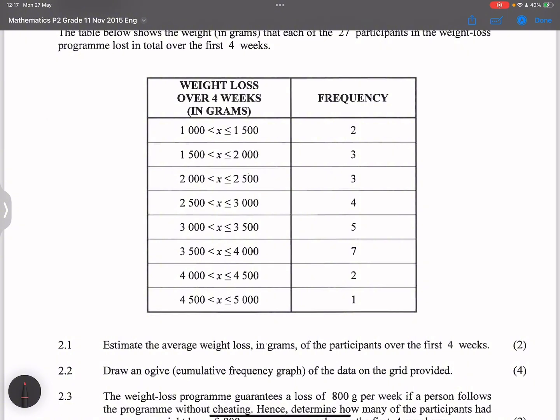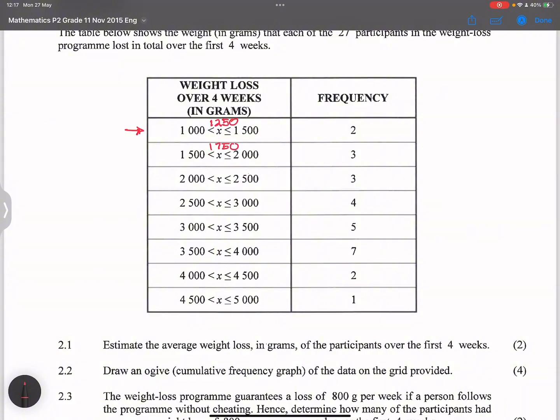If we look at this, we are given first of all between 1,000 and 1,500. What is the midpoint between those 2 points? That's going to be 1,250. This is going to be between 1,500 and 2,000. That's going to be 1,750.